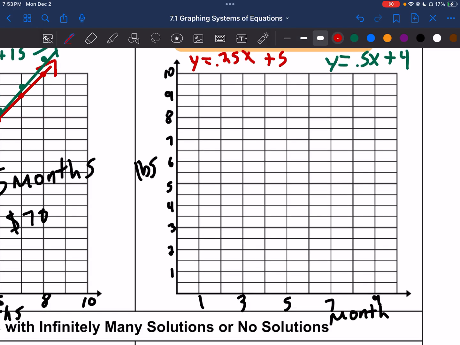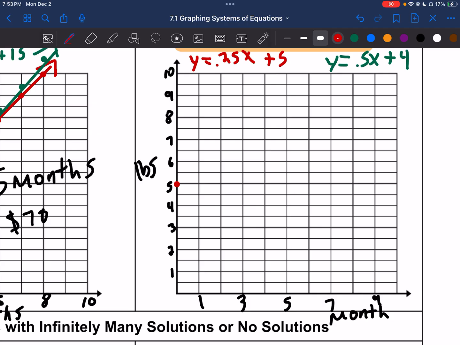My x-axis is measuring months, and I'm going by ones, and I labeled the odd values. My y-axis is measuring the pounds of the dog, and I'm going by a half a pound interval, and I only labeled the full pounds going up. So the red equation starts out at 5 pounds, and it's going up by a quarter of a pound each month.